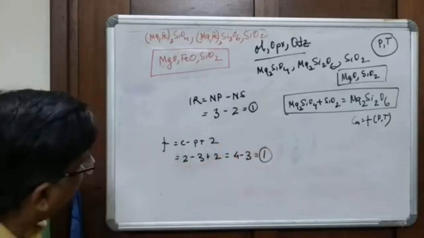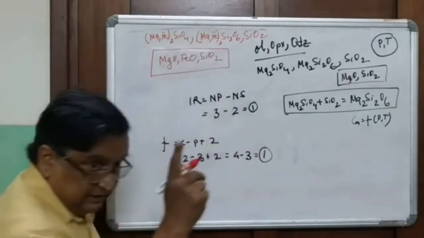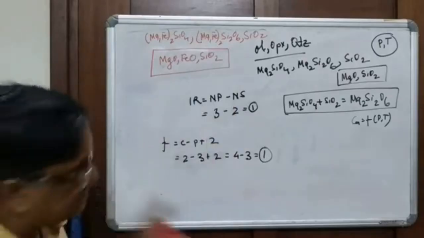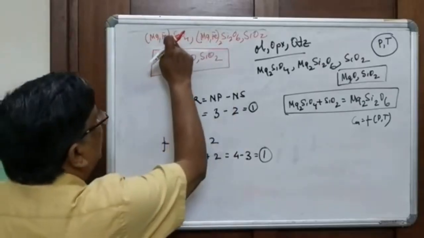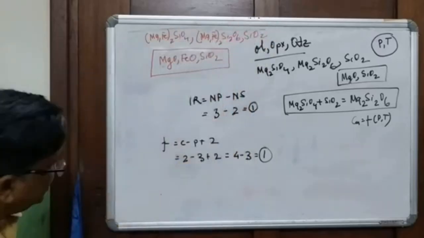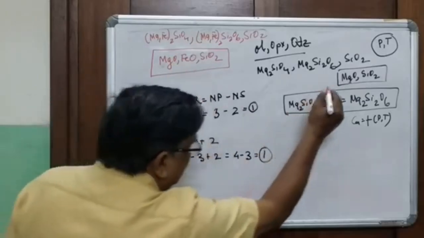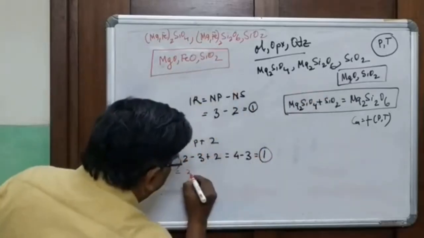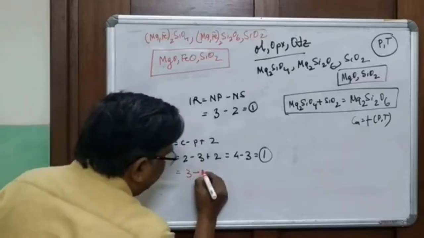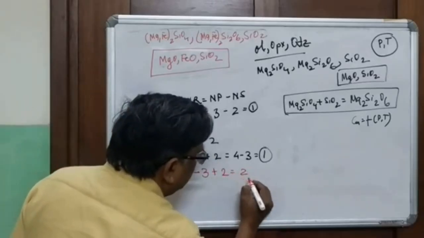So if you look at this expression, the Gibbs phase rule, let's write it down now. Phases, not phase components, phases: 1 olivine, 2 orthopyroxene, 3 quartz. So once again, the components now become 3, minus 3 plus 2.